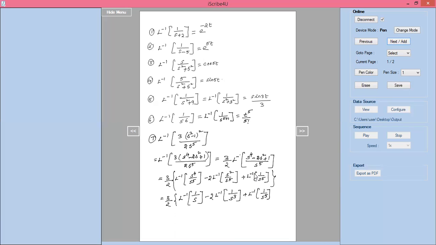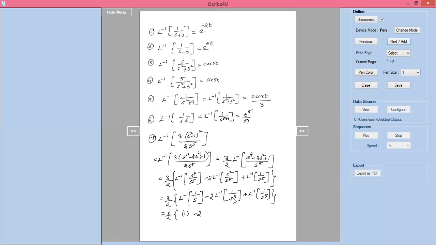We know the formula for these: 1 by s, s cube, s power 5. Now L inverse of 1 by s is 1, minus 2 into L inverse of 1 by s cube. S cube we'll write as 2 plus 1.